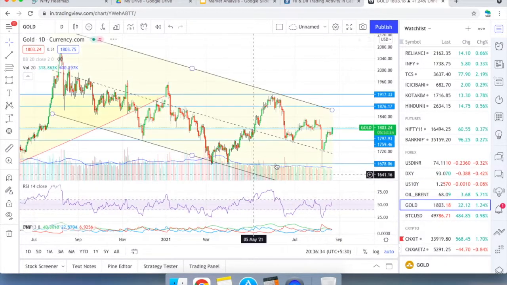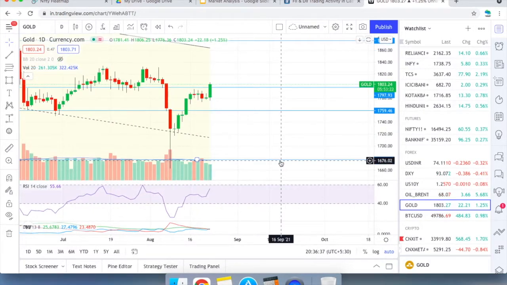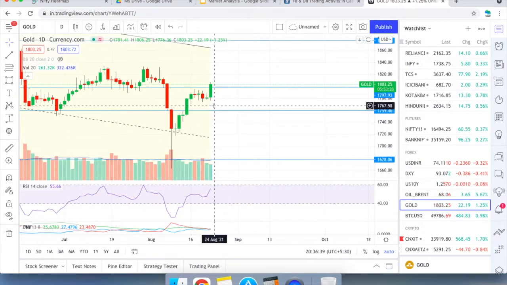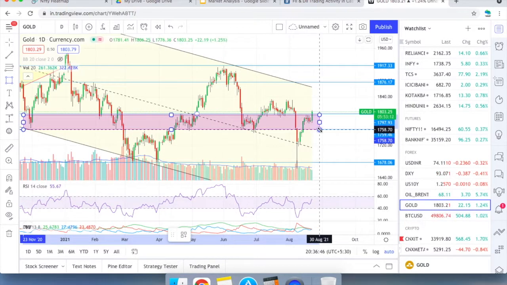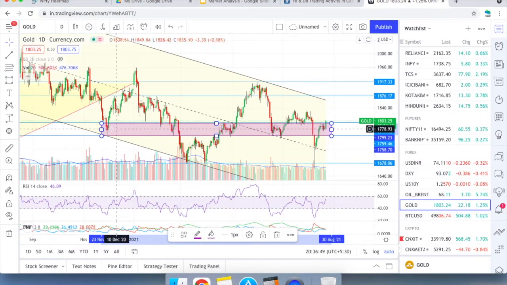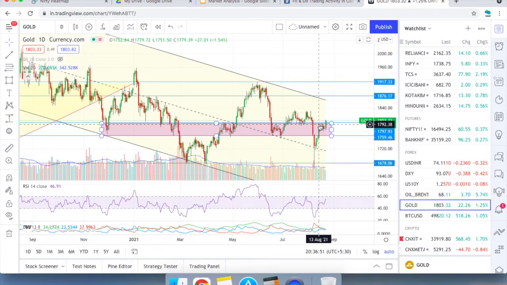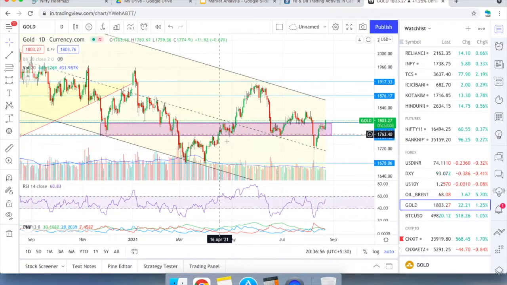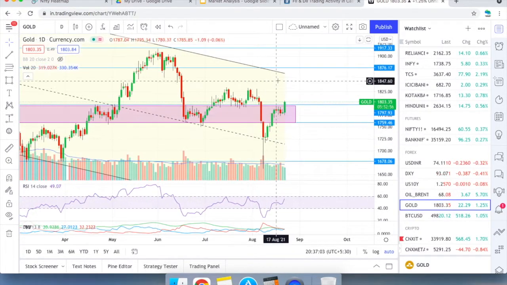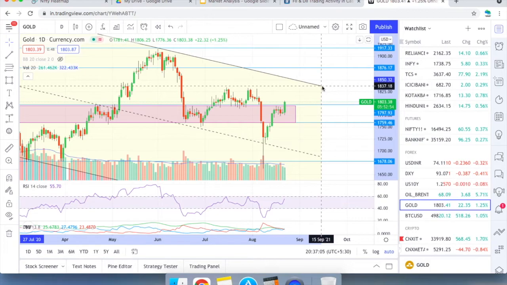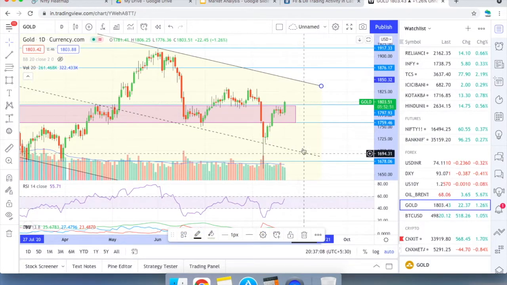Yeah, so the gold price has shot up today. A good bullish candle can be seen here, and it has broken out of this resistance zone, which is a good thing as far as bulls are concerned. You can see that this is a major resistance zone. You can see that consolidation has happened multiple times at this level. Now it has broken out of that. That means it is going to head to the channel top. That's what it looks like.